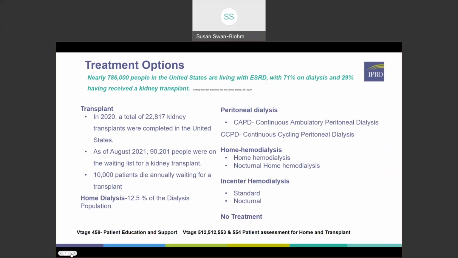Additionally, under the conditions for coverage, plan of care V-TAGs 512, 513, 553, and 554, the patient must be assessed annually for home modalities and transplantation. The nephrologist must provide documentation of this assessment. This requirement may assist facilities in increasing physician involvement in selecting candidates for home modalities and transplant.